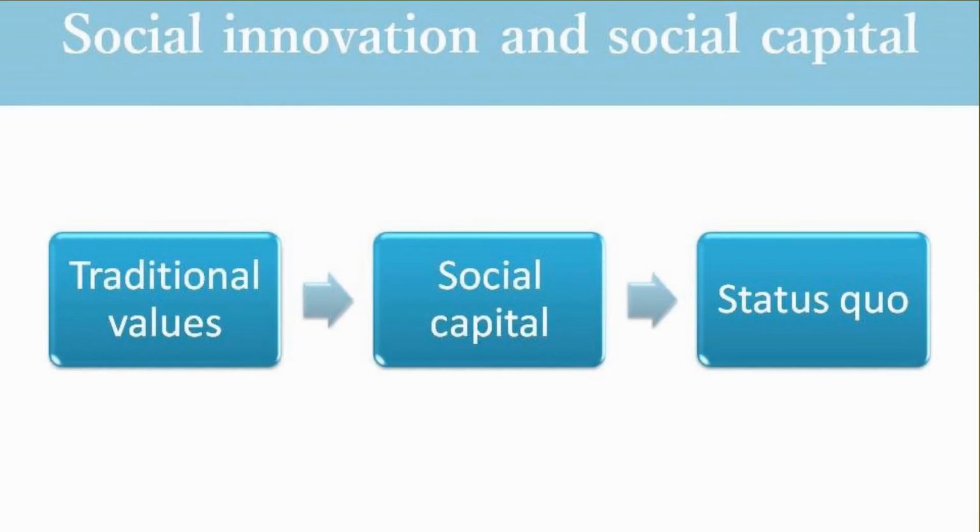So, to bring to a conclusion, we can say that social innovation creates resources, and especially it creates what we call social capital. So a stock of resources based on the capacity of people to collaborate. The example is the use of traditional values. Traditional values in most cases bring social capital, for example, a capacity of people to help each other. But sometimes traditional values are also those aspects that maintain a kind of status quo.